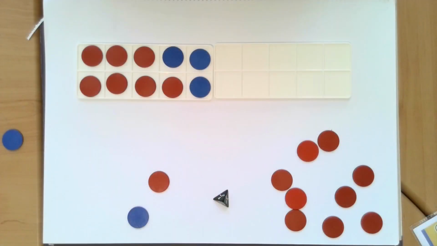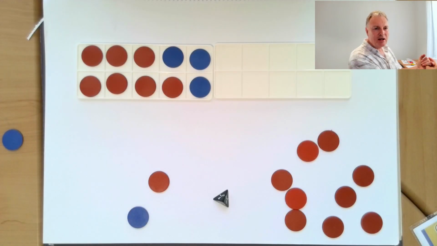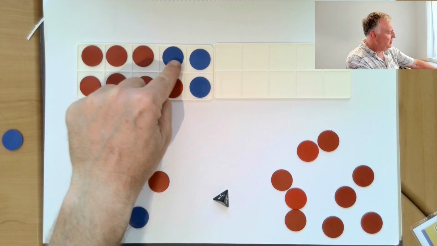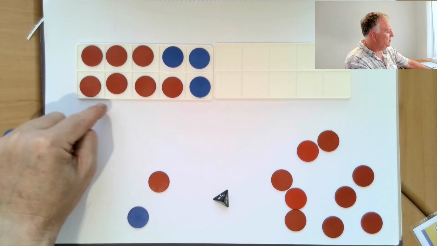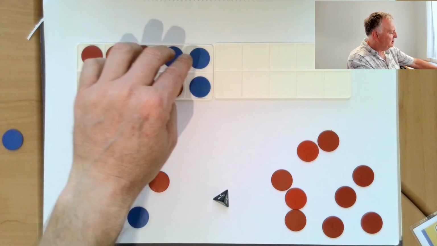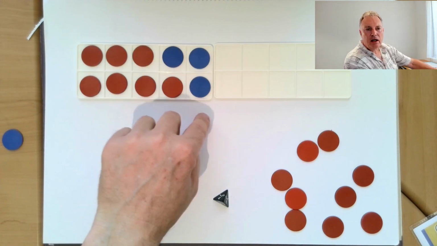And I just want to take that general idea and take us through here a little bit, and hopefully you'll get how it works. Okay, so at this point here, I rolled a 3, then I rolled a 2, then I rolled a 4, and then I rolled a 1. So 3 and 2 is 5, and another 4 is 9, and another 1 is 10.